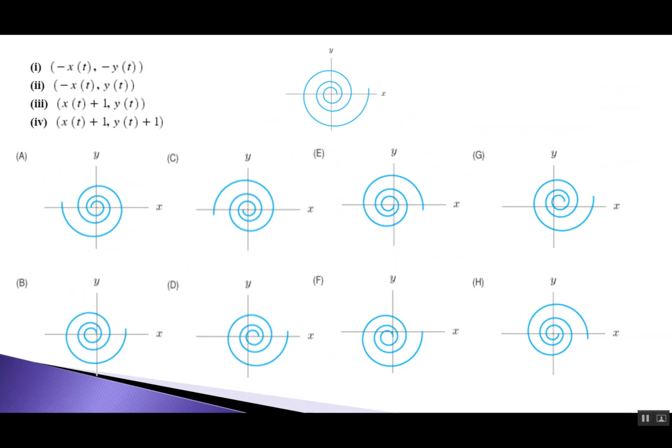All right. In general, you can kind of see how these things work. If this is a graph of x of t, comma y of t, then negative x of t is going to flip it horizontally, and negative y of t is going to flip it vertically.